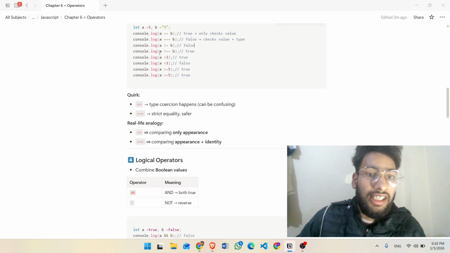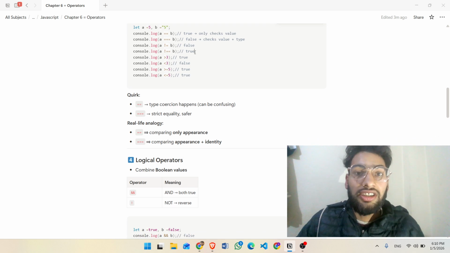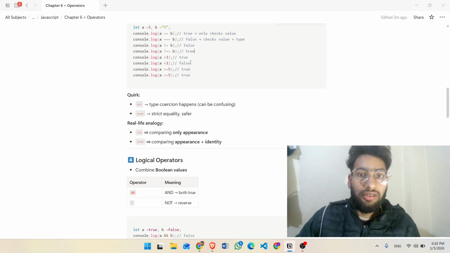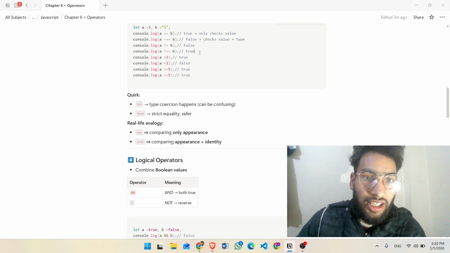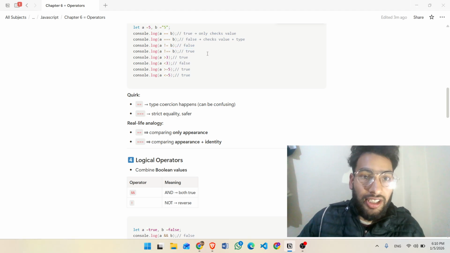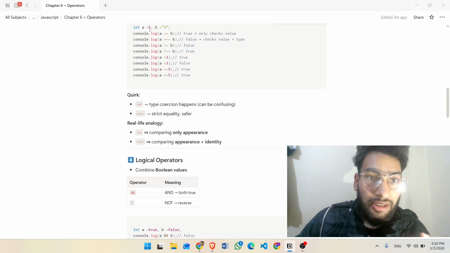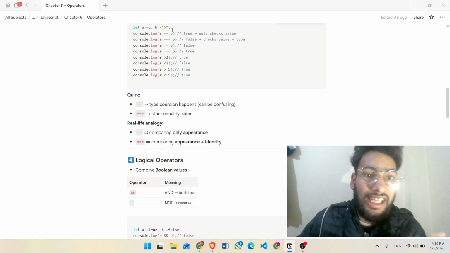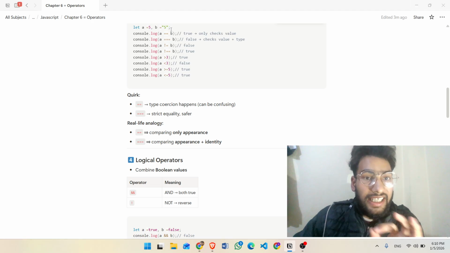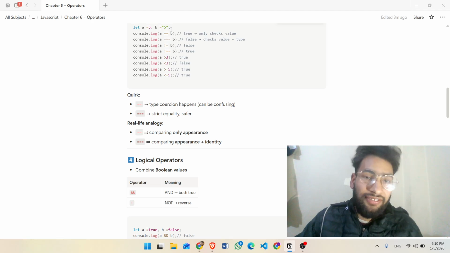And another one, a is not equal to b, with the strict operator. Here it is giving true. How? Let's see what is happening here. It is the same case as before. Here the values of a and b are the same, but the types of a and b are different.